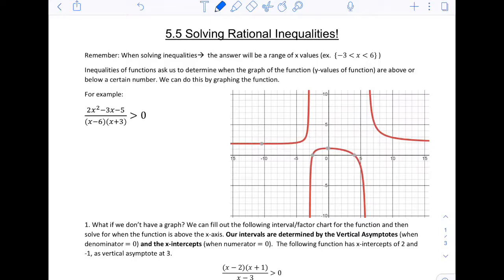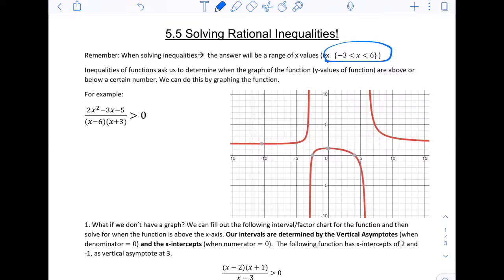It's when you have a rational function and it's not necessarily equal to, it's greater than or less than, or it could be greater than or equal to, or less than or equal to a certain number. So when we solve inequalities, you might remember that answers aren't x is equal to 5 or x is equal to 9. It's going to be a range of numbers. So it's going to be x are all the numbers between, in this case the example is given to us, -3 and positive 6.